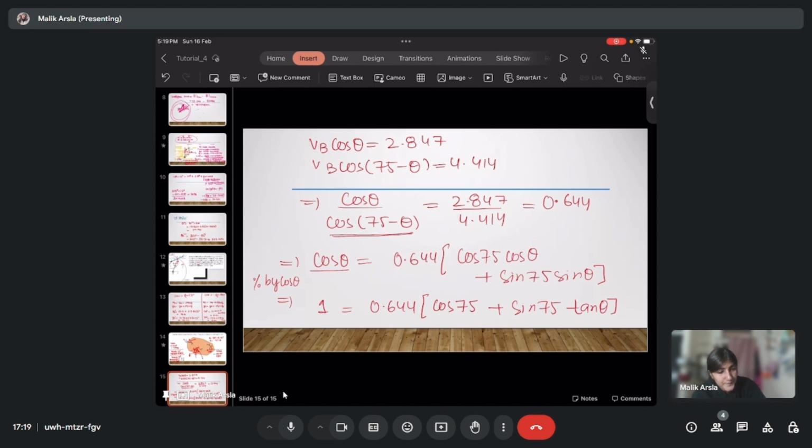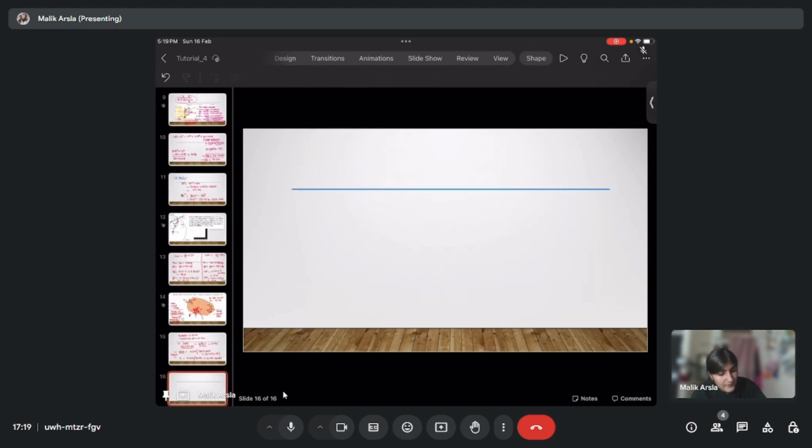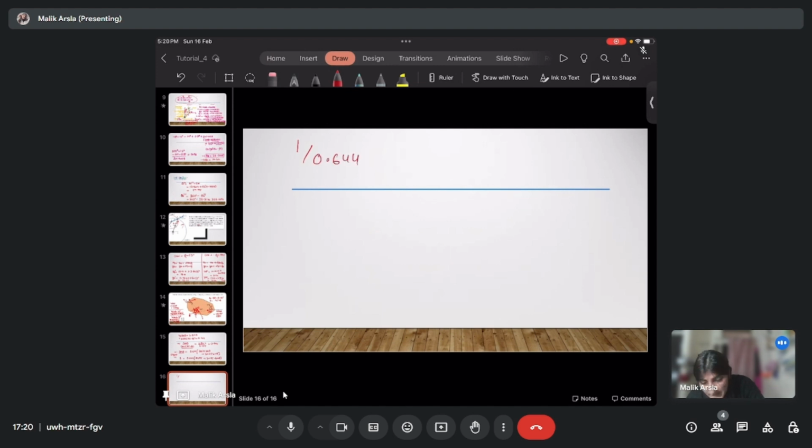Now let me take it here. So 1 upon 0.644 is equal to cos 75 plus sin 75 tan theta. Can you calculate tan theta from here?